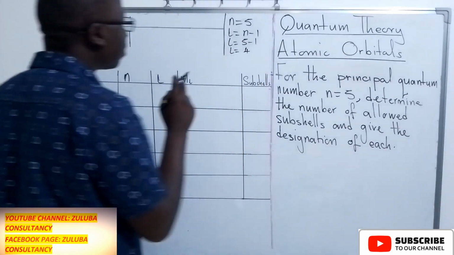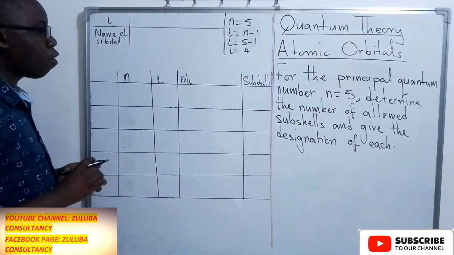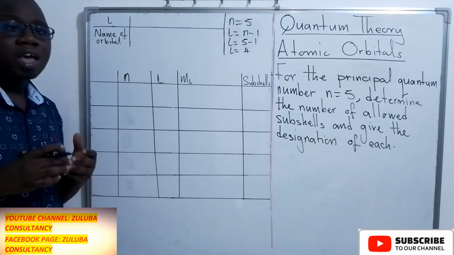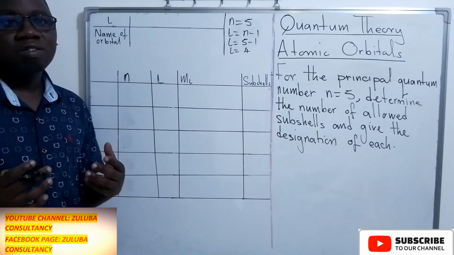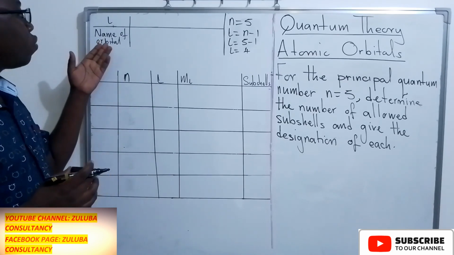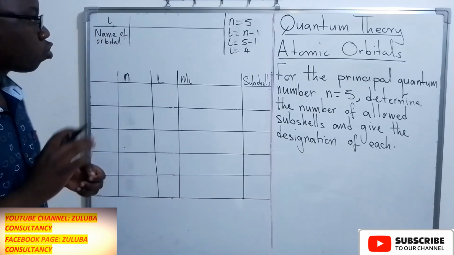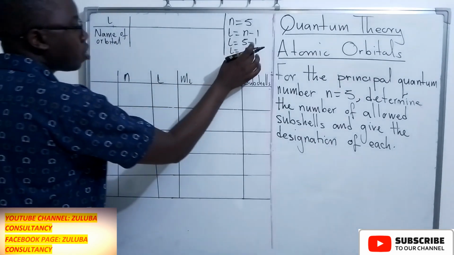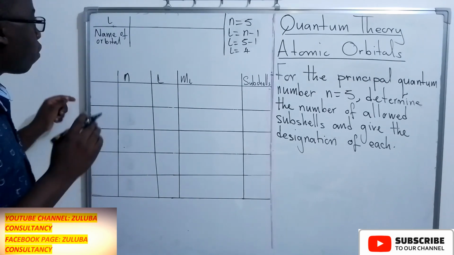So the highest value of L is 4. Now, the angular momentum quantum number gives us the name of the orbital. So the highest is 4, and we start from 0 up to 4.